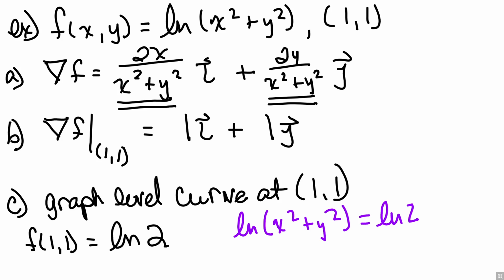It's going to be a circle. So what's our equation? x squared plus y squared equals 2. This is what we're going to end up with as the equation for the level curve.